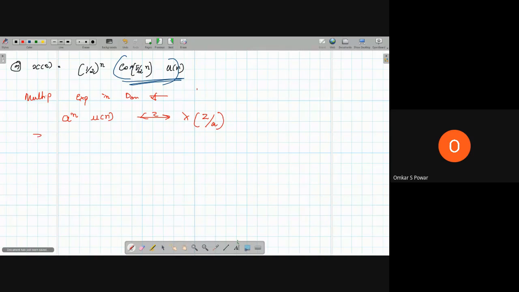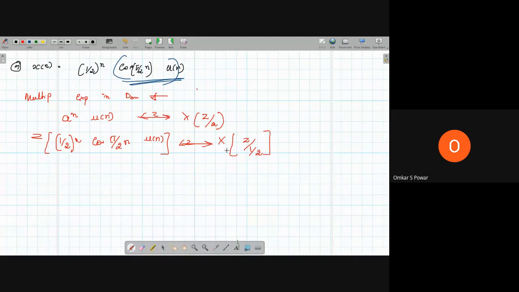So the Z transform of half power of n cos pi by 2 into n into u of n is x of z by a, where a is half.